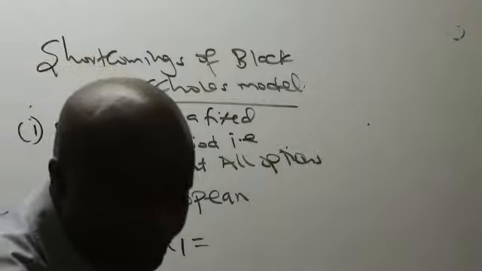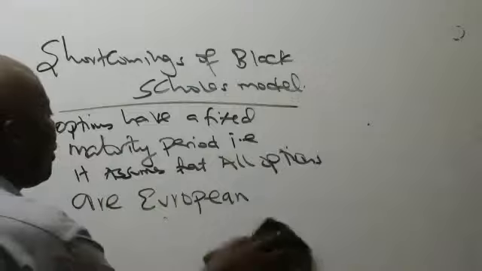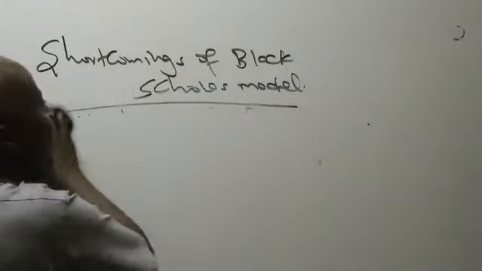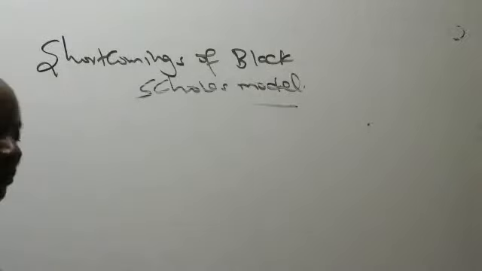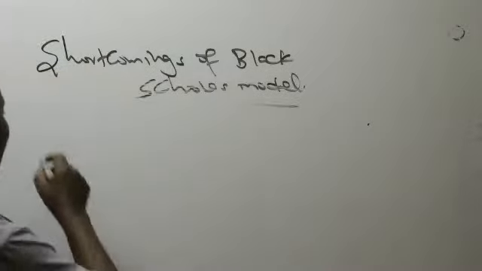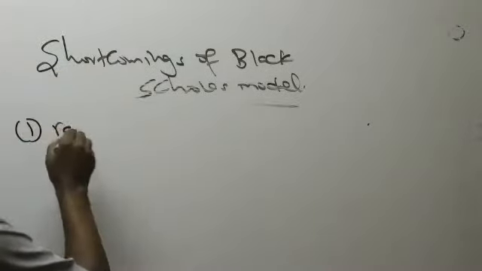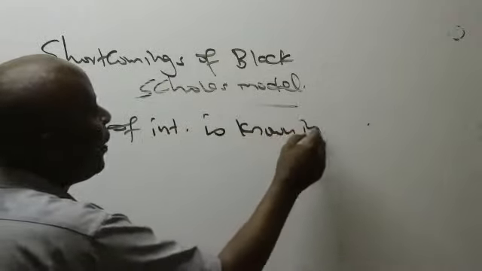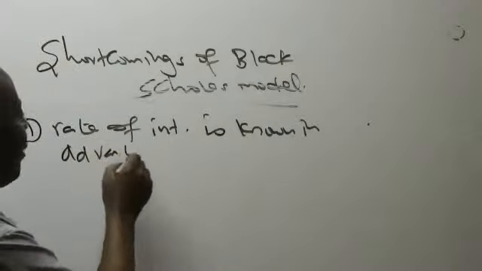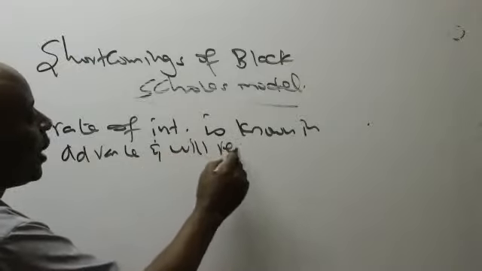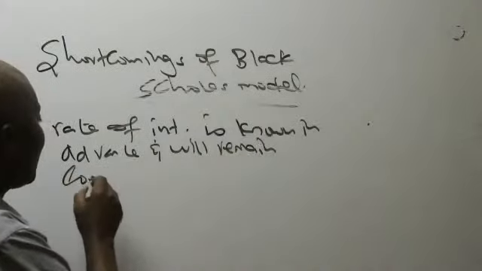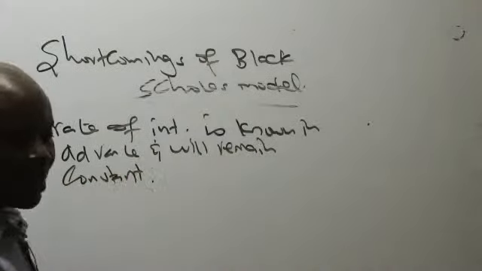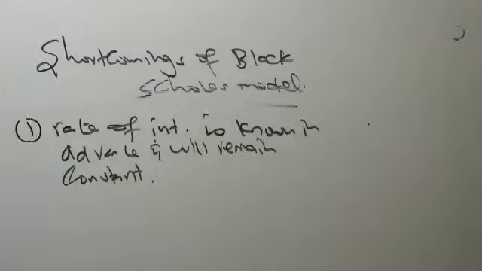So number two, the other assumption you are supposed to remember is that the Black-Scholes model assumes that the rate of interest is known in advance and will remain constant.